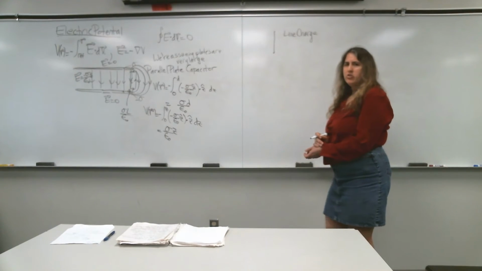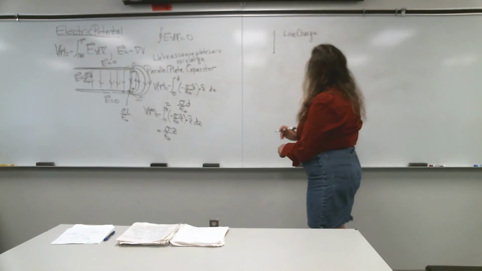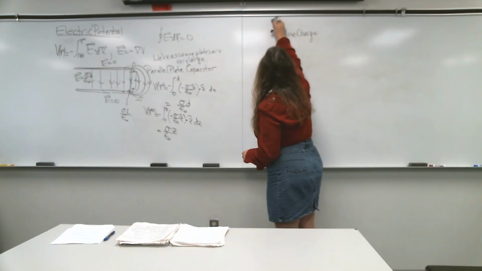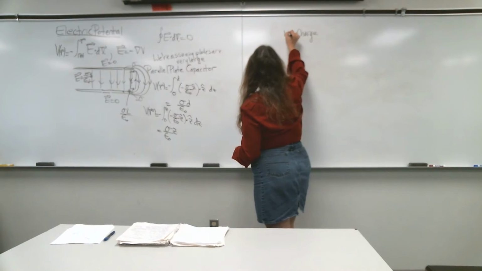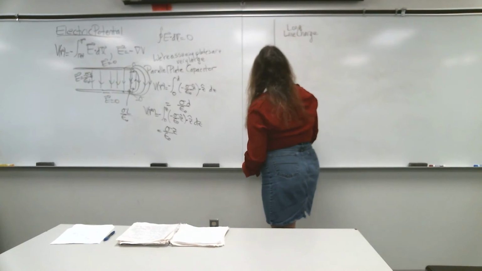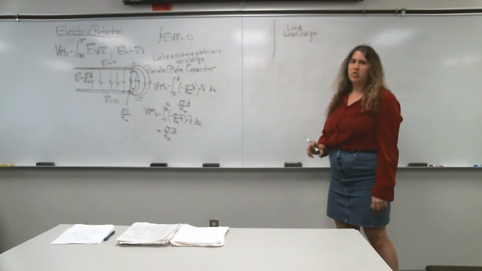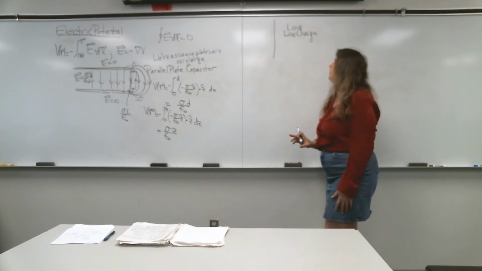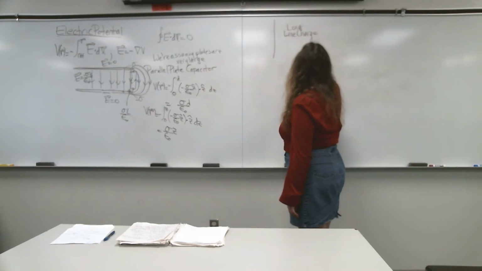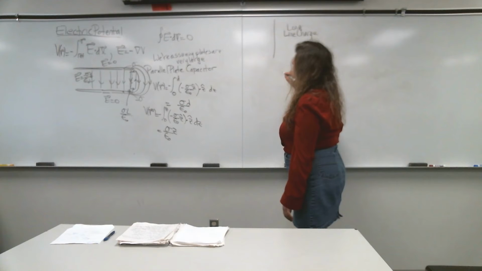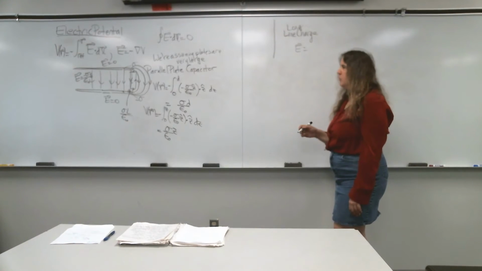Now let's look at the line charge. Let's make this very long. And I want to figure out what's the potential of this line charge with respect to some point in space. The electric field due to a line charge, we calculated in a couple of ways.